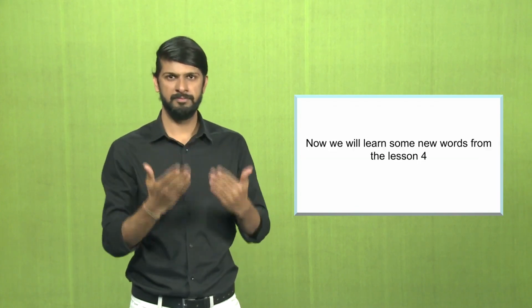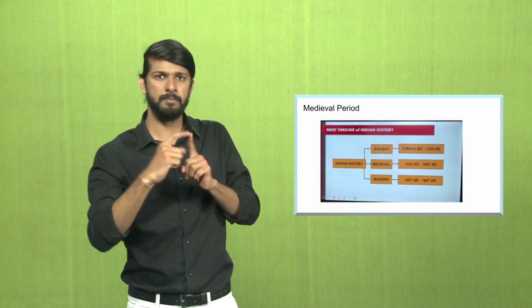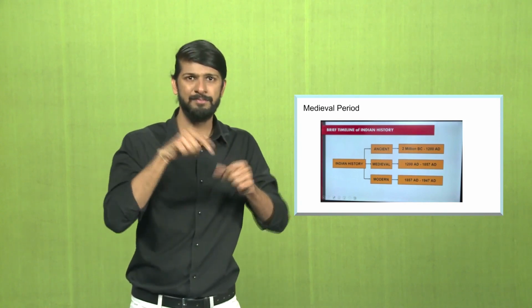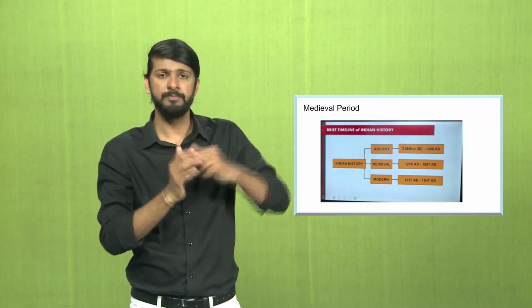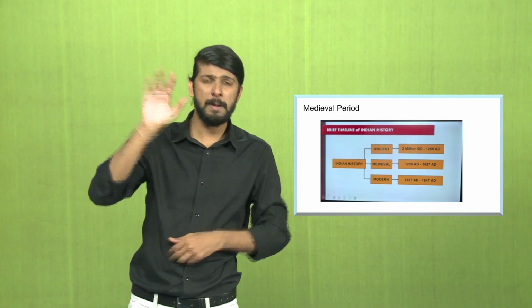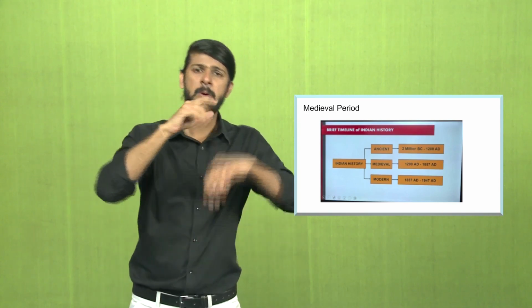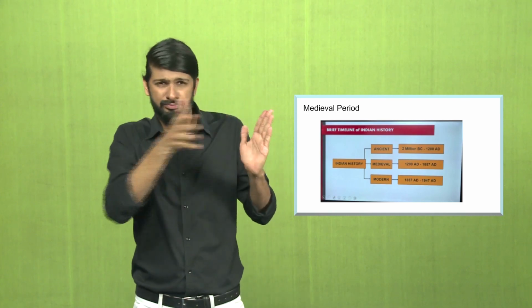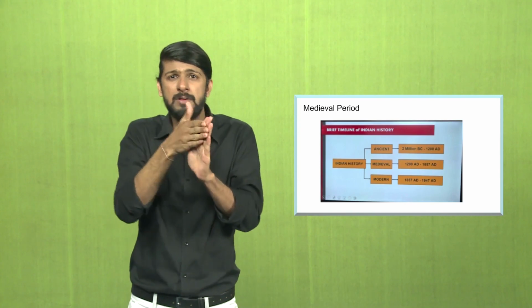Now we will learn new words from this lesson. Medieval period. The timeline of Indian history has been broken into 3. First is the ancient period, which is 20 lakh BC right up to 1200 AD.